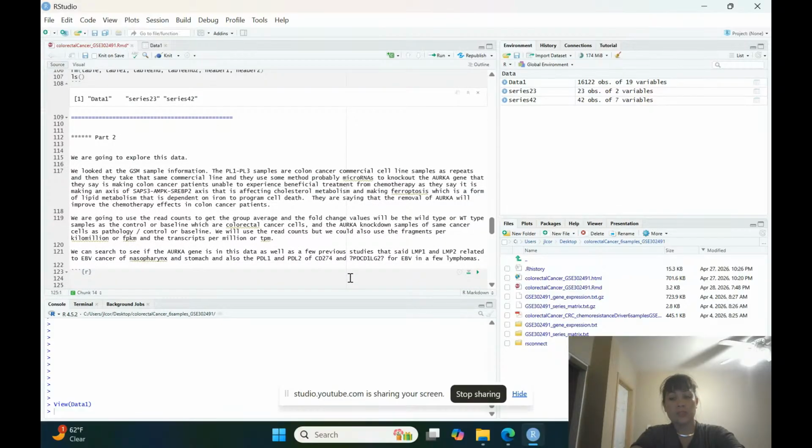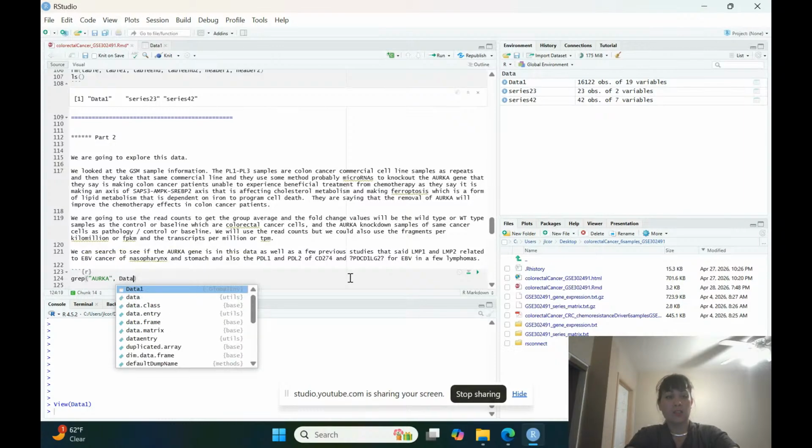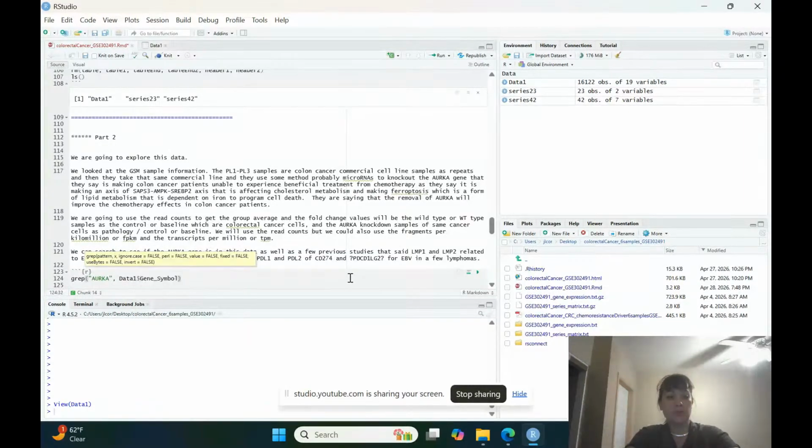So let's go ahead and just look at that first. So we have the gene names. So we're just going to see if data one by gene symbol, let's see AURKA.